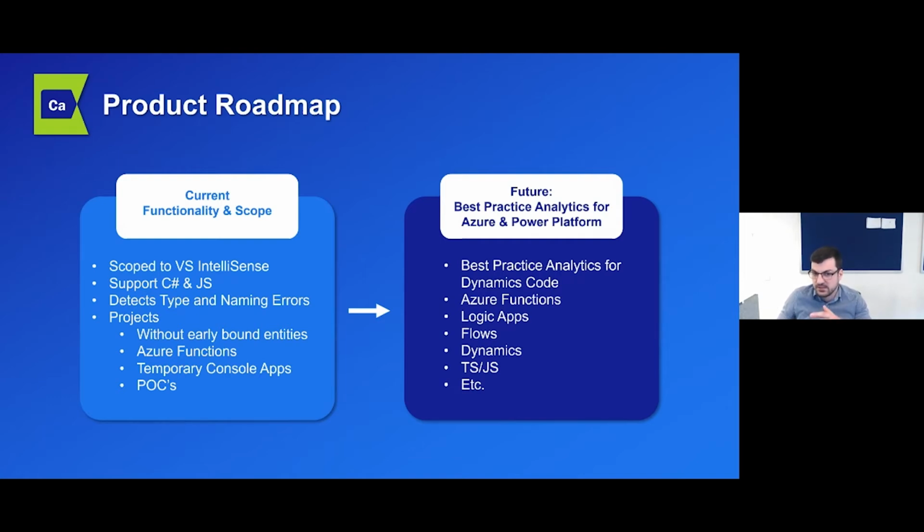And that means it doesn't matter if you have a console app, an Azure function, a logic app, Power Automate flows, business rules, so many different things. At the end, we just say, okay, this is your source code repository, this is your Azure tenant.